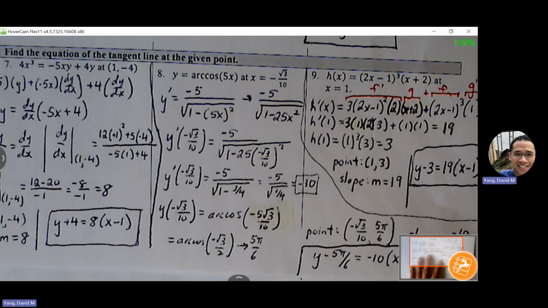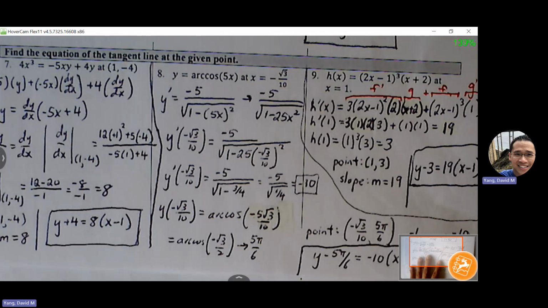That's where I got lost. It's not the derivative part, it's this part here, that one and the stuff underneath. Right. So let's just focus on that portion there. Now, root 3 over 10 squared is the same thing as 3 over 100.